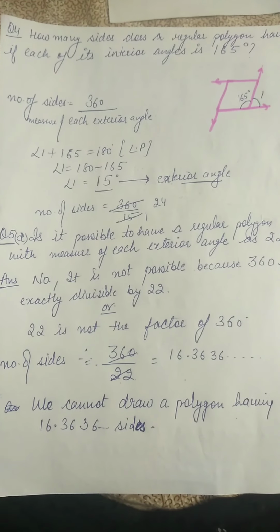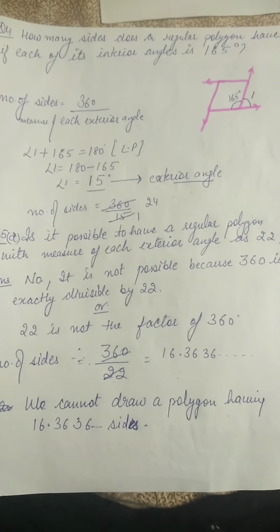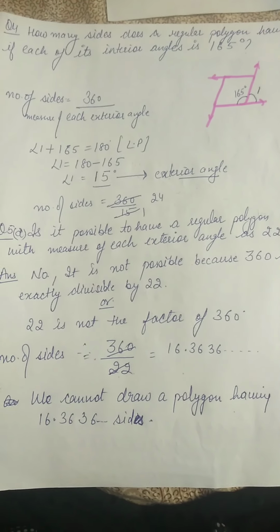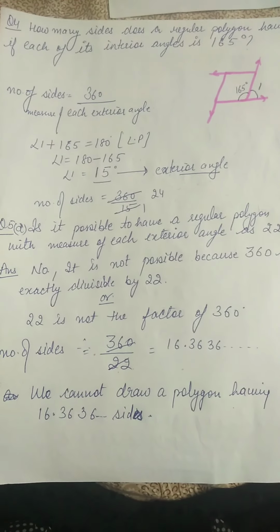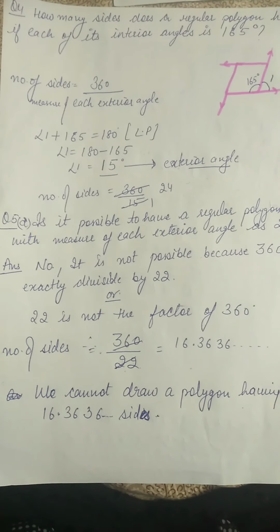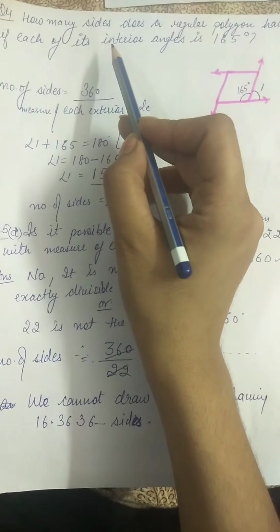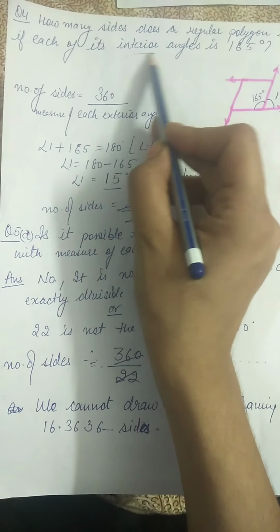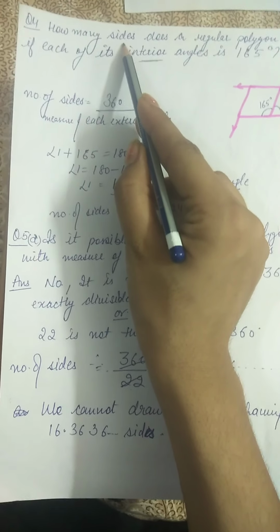Now question number 4. How many sides does a regular polygon have if each of its interior angles is 165? Okay, bache, see carefully. You have been given the interior angle and you want to find the sides.